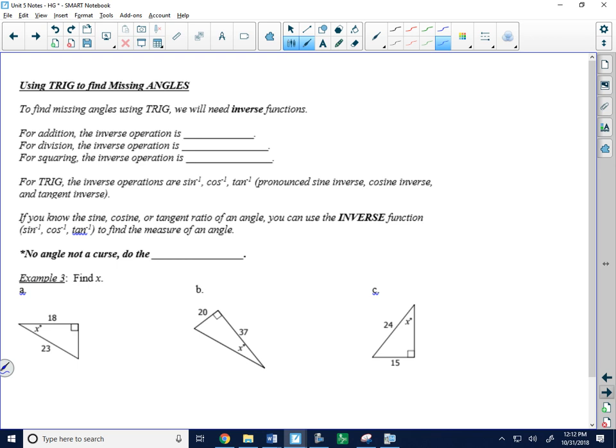You've done inverses your whole math life. So as a review, addition. Say it was 3 plus x plus 3 equals 7, and you were trying to solve the equation. You did the inverse operation of subtraction, right? Subtraction to solve.